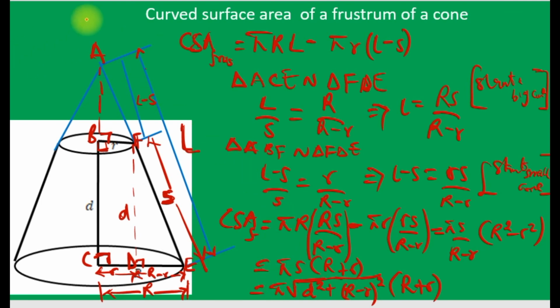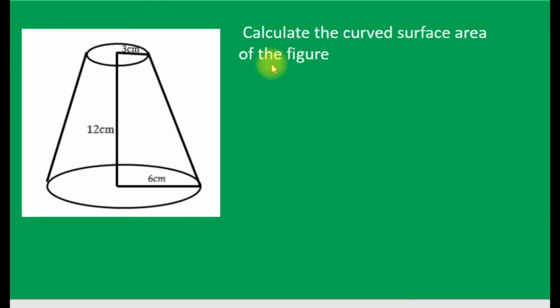So let's solve the question. We're asked to calculate the curved surface area of the figure. So this is a frustum, and I told you the curved surface area is just pi (R plus r) times the square root of D squared plus (R minus r) all squared. So that's the formula, so we just substitute.